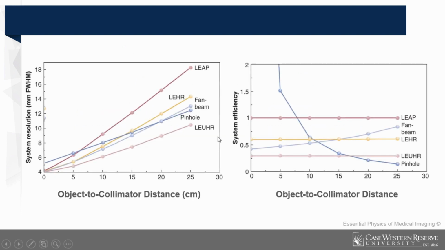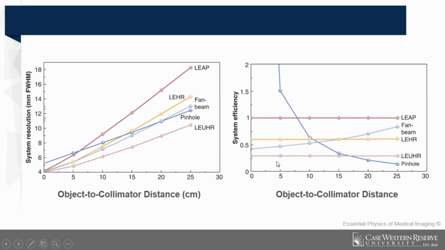So here is a calculation of the distance between the object and the collimator. When they are very close, system resolution is very good. You can resolve small objects. When you move up, whether it's a low energy all-purpose parallel hole collimator, or low energy high resolution or ultra high resolution, you can see that when you pull it away, the resolution gets worse.